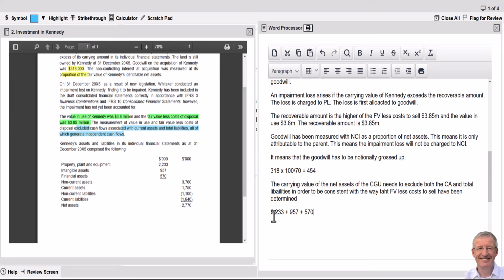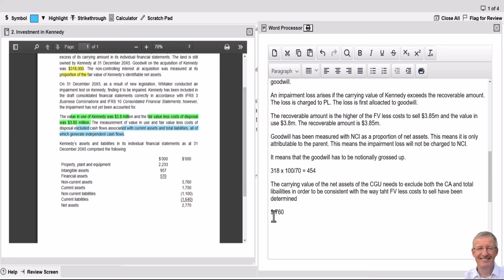I could have taken a subtotal there of 3760. But what I'm not going to do is bring in the current assets, and I'm not going to take away any of the liabilities.